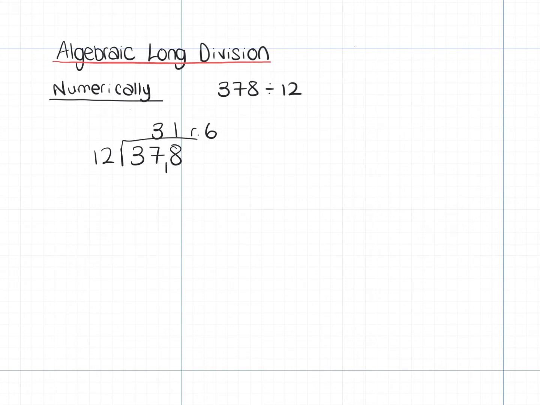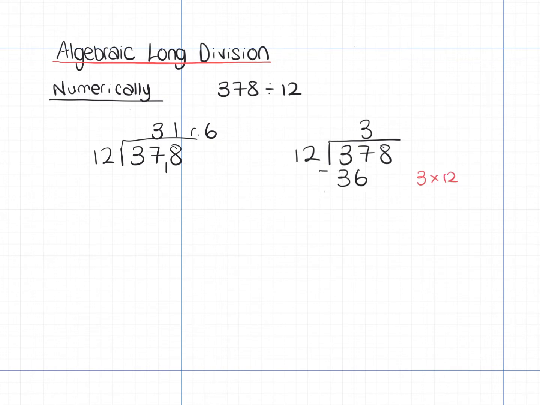And long division is the same process, but we show more of our method. So we'd say 12 goes into 37 3 times. And instead of doing in our head what the remainder is, we just jot it down. So we say, well, I know that 3 times 12 is 36.